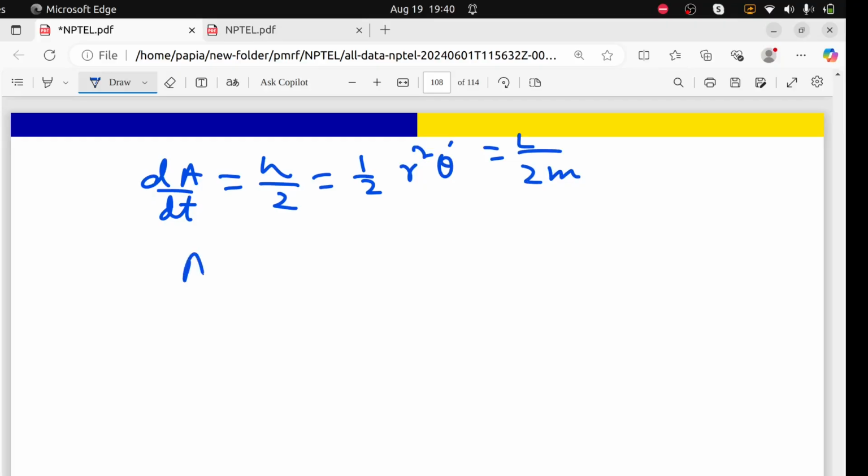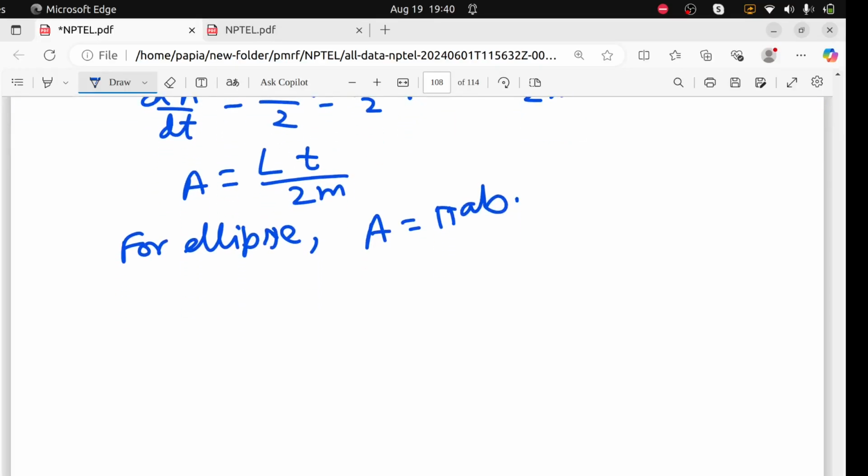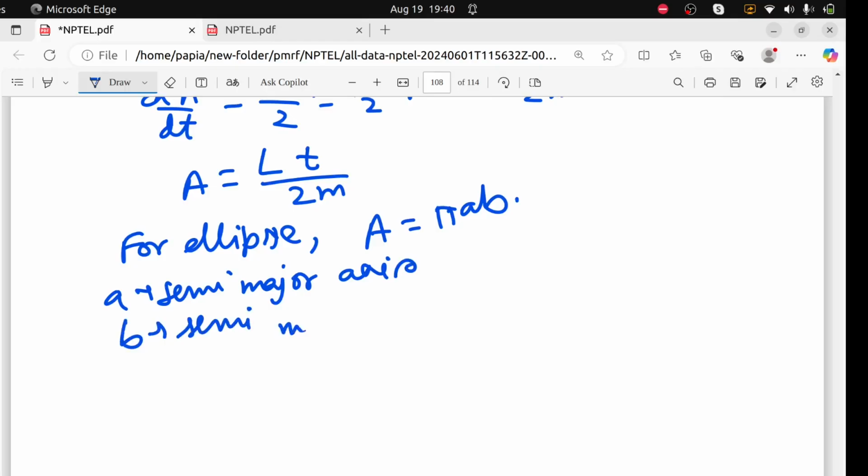So A can be written as L t by 2m. Now for an ellipse, I can say A is pi a b, where a is the semi-major axis and b is the semi-minor axis.